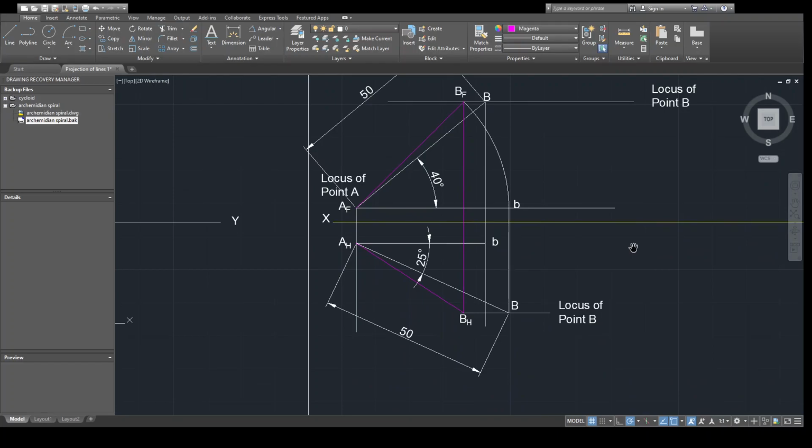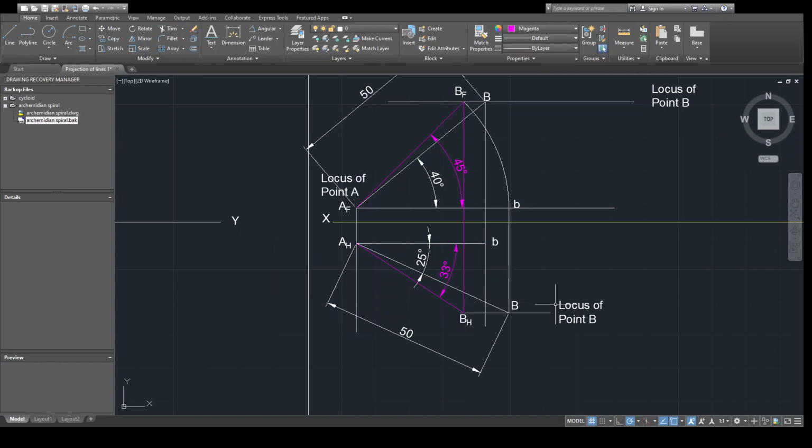Okay, very simple. By rotation of line method we can find out front view and top view. So you can similarly find out angle alpha, that is the front view angle, is 45 degree, and angle beta, that is the top view angle, is 30 degree.